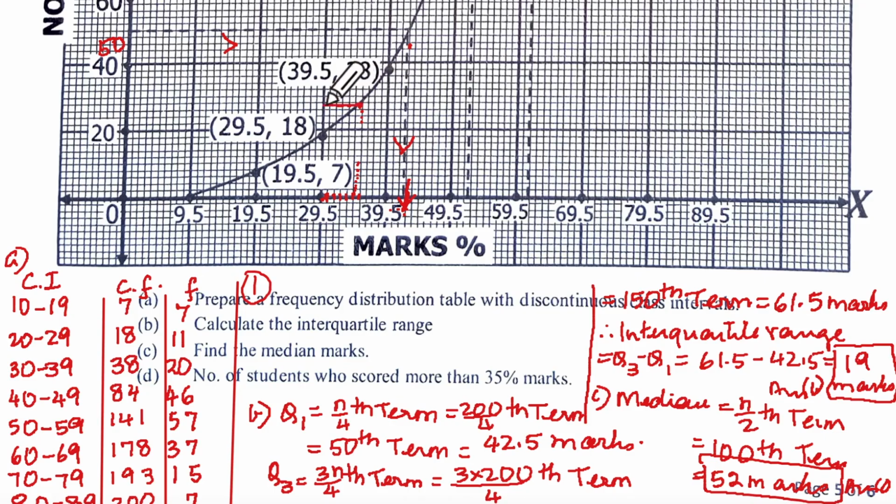I have to squint my eyes. It's approximately 30 on that side. Let us see over here. It is coming 30. We have to take this line over here, this one.